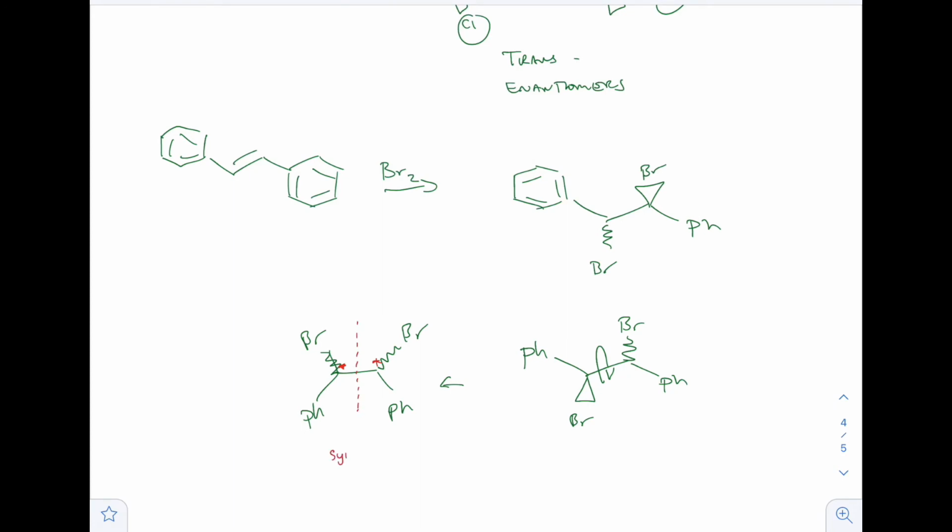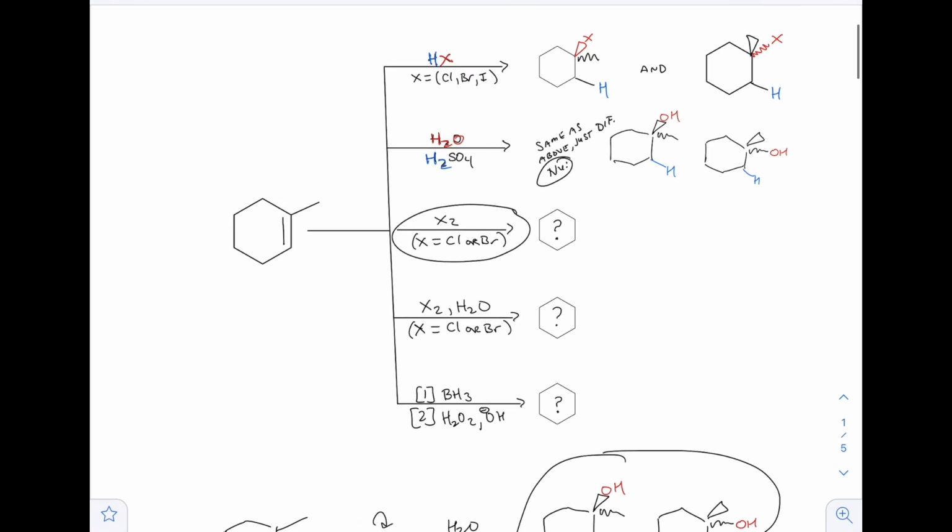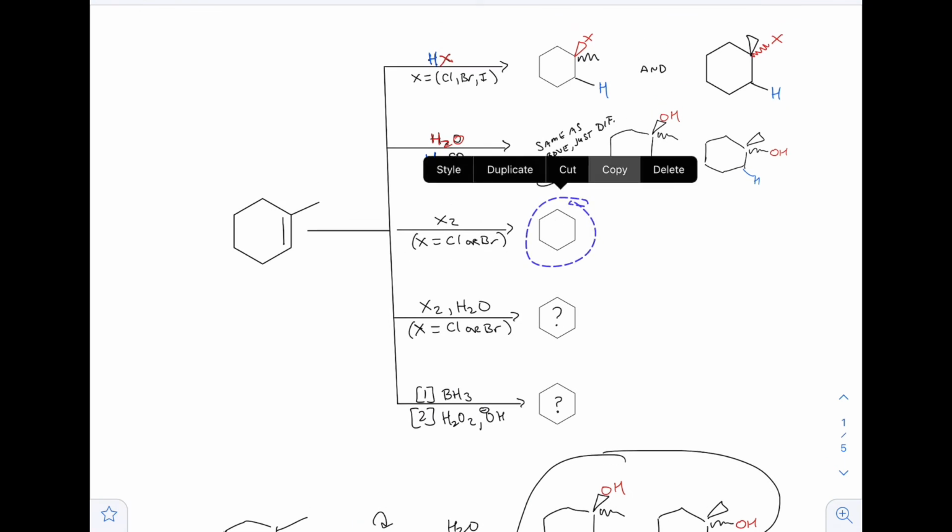Don't forget the definition of meso isomers too, by the way. That's when you have two stereogenic centers, or at least, and it's still achiral because of that plane of symmetry. Okay. So now we get to fill out another part of our chart.